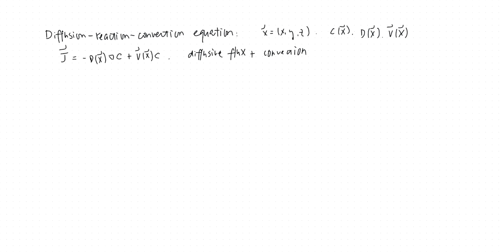I'm just saying if you construct a control volume, then based on what we call the conservation of mass, you will find the divergence of the flux gives you a reaction term.